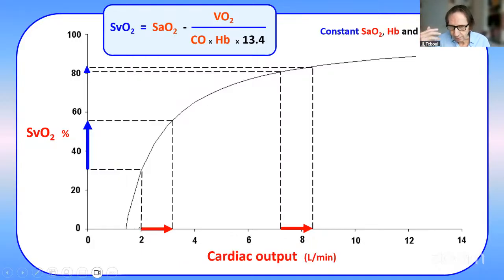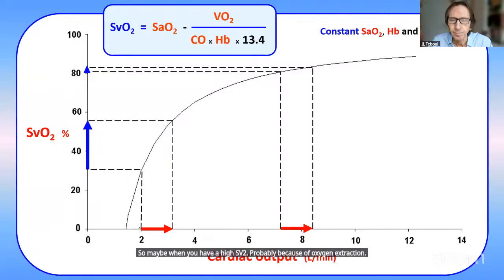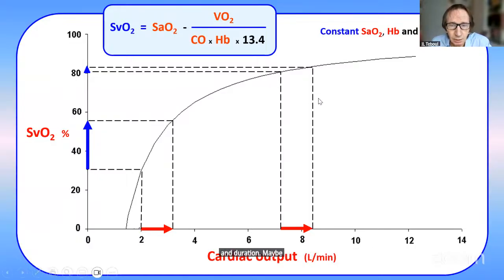In addition, if you think about this condition of high cardiac output, you see that SVO2 does not change a lot. So maybe when you have a high SVO2, probably because of oxygen extraction alteration, if you increase cardiac output, it will not change a lot the balance between oxygen consumption and oxygen delivery.